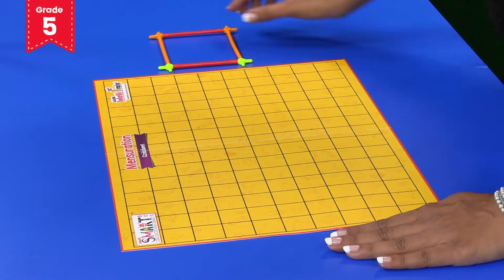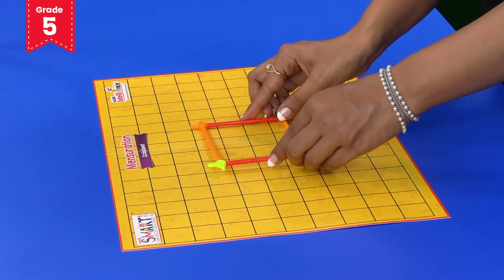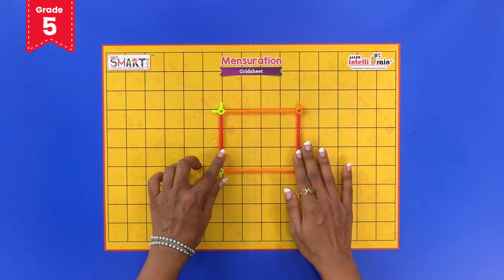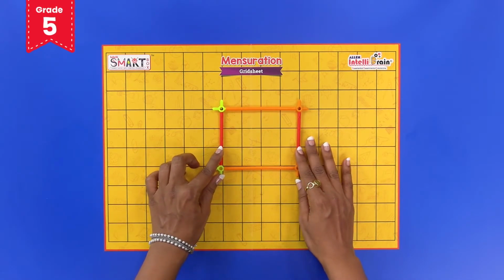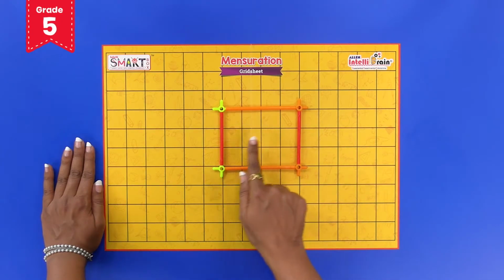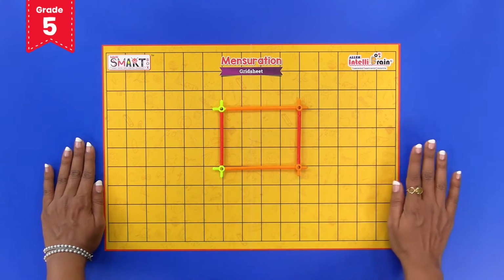Place the rectangular shape on the mensuration grid sheet and align the pipes of the rectangular shape along the straight lines of the mensuration grid sheet. We will calculate the area of this rectangular shape by counting the number of square cells inside this rectangular shape.